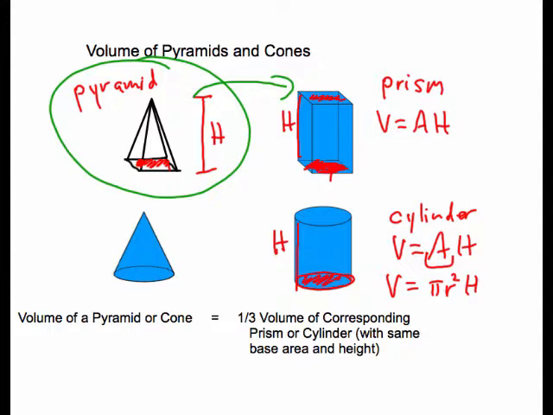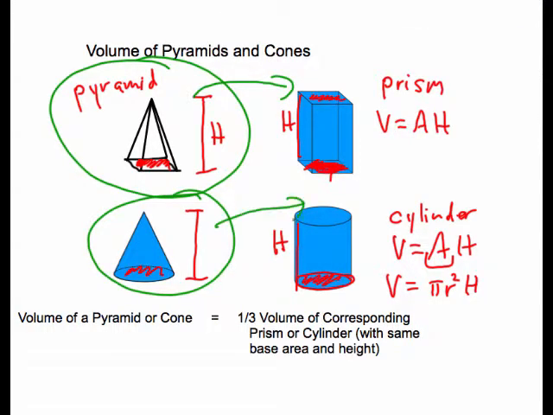And similarly with a cone, as long as the base is the same and the height is the same as it is for the cylinder, it would take 3 of these to fill one of those.